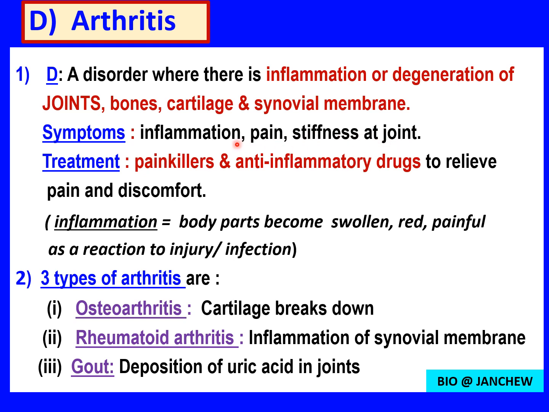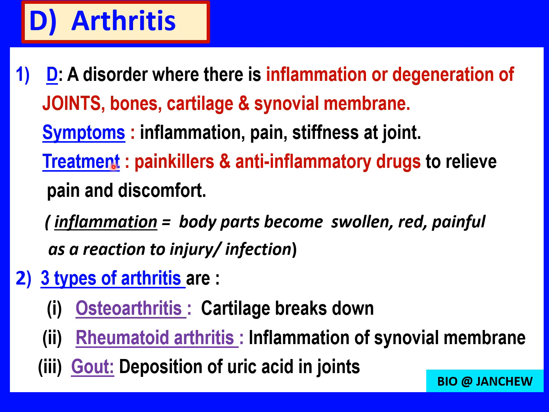Inflammation means a condition where body parts become swollen, red, and painful as a reaction to an injury or infection. In Chinese we call it fa yan, and in Malay it is radang. So the symptoms, other than inflammation, are pain and stiffness at the joint. The joint may not be able to function well, and the bones at the joint cannot move.